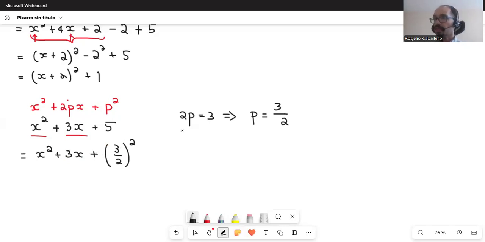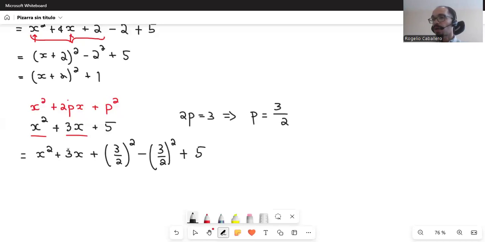Unfortunately, that's not the end of it because we have one extra term. And again, we cannot add these 3 halves squared out of nowhere. We need to subtract them, in order that there be equality between these two expressions. Very good.